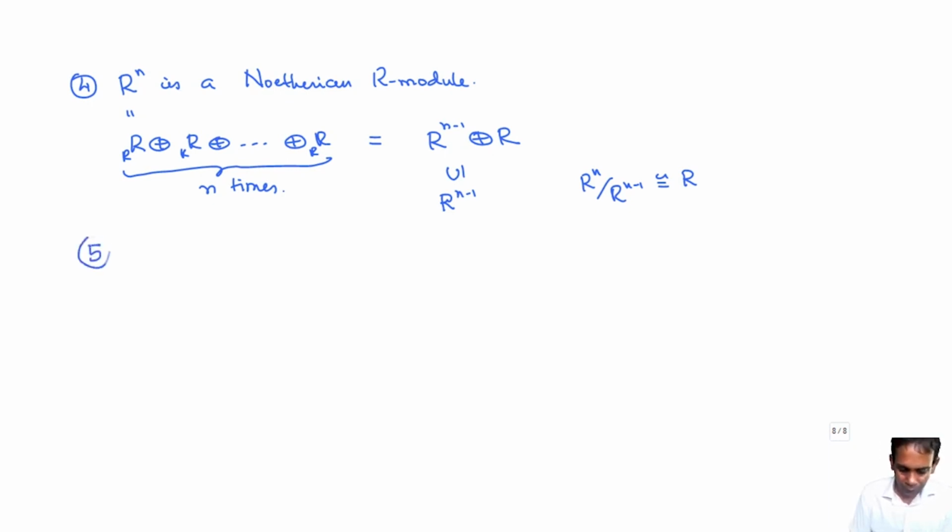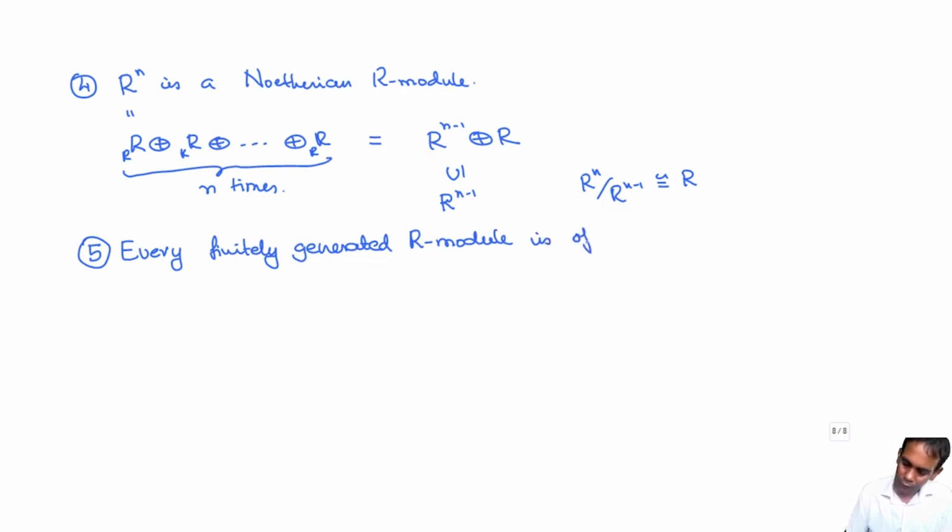Now finally, every finitely generated R module is isomorphic to R^n mod N for some submodule N of R^n.